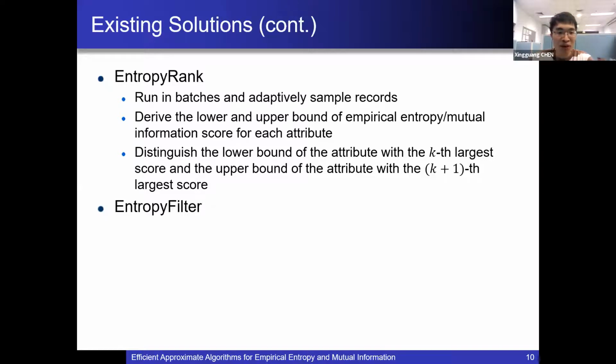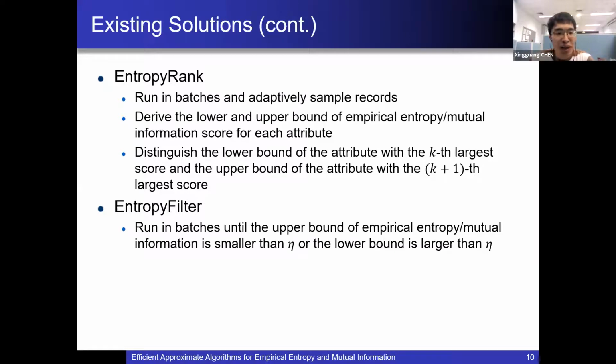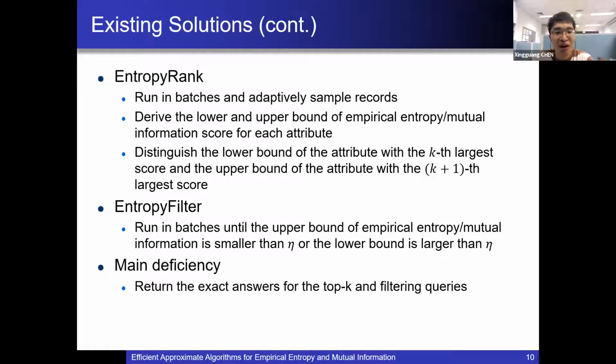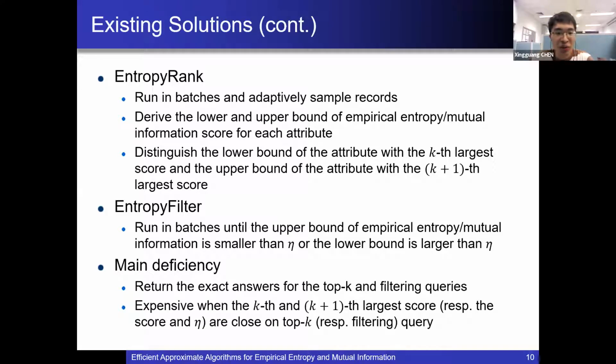For the filtering query, the EntropyFilter runs in batches until the upper bound of the empirical entropy or mutual information is smaller than eta, or the lower bound is larger than eta. Their main deficiency is that it returns the exact answers for the top K and filtering queries. It's expensive when the k-th and (k+1)-th largest scores are close on the top K query, or the score and eta are close on the filtering query.